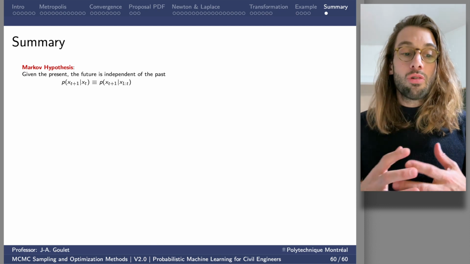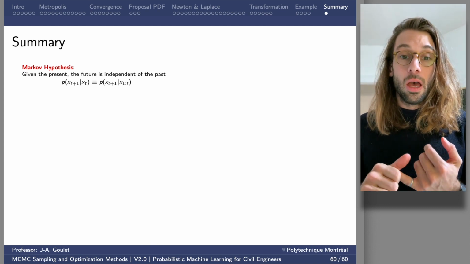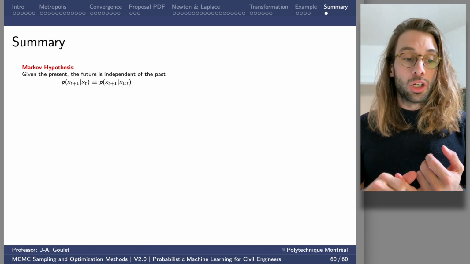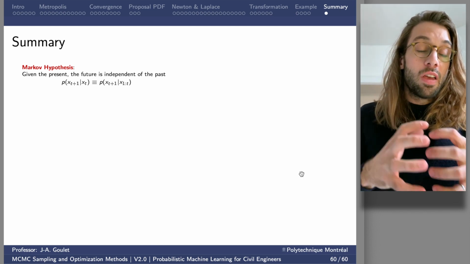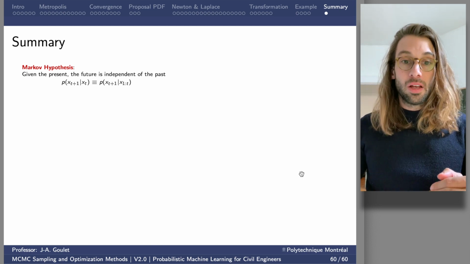So if we summarize what we've seen together, first, MCMC, the Markov in the Markov chain Monte Carlo, is based on the Markov hypothesis, which says that given the present, the future is independent of the past.